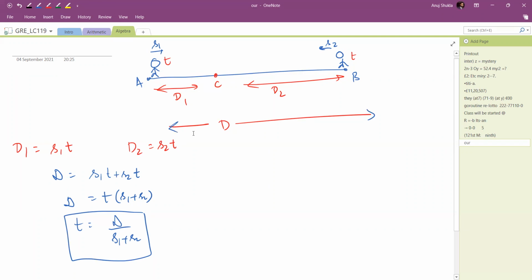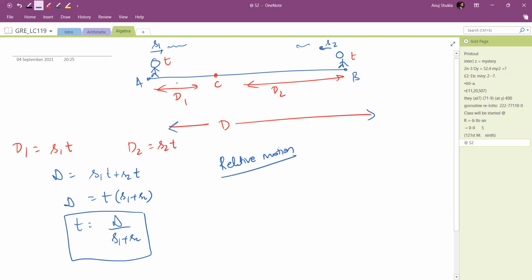No doubt, right? Now, I'm going to introduce one concept called relative motion. Not exactly, I'm not going to tell you the absolute concept. I'm just going to tell you the hint how you can apply the relative motion concept here. So this person is moving with s1 speed and this person is moving with s2 speed.